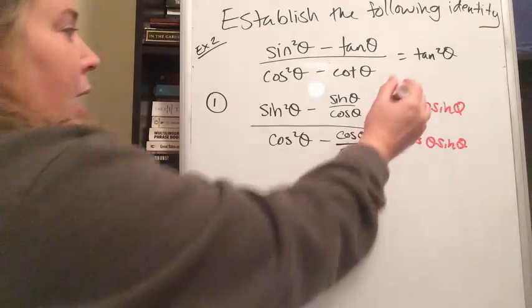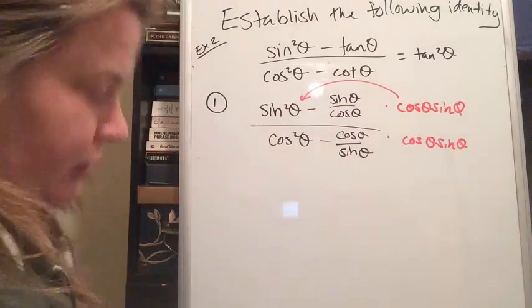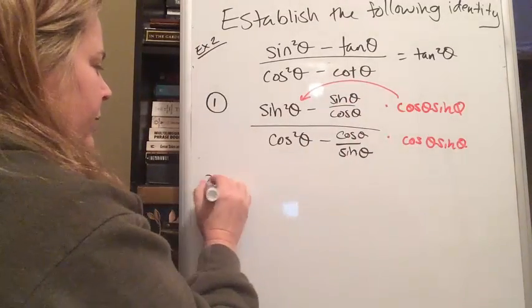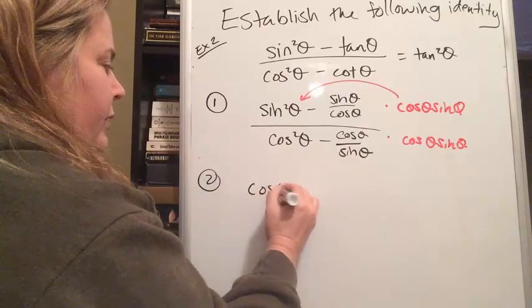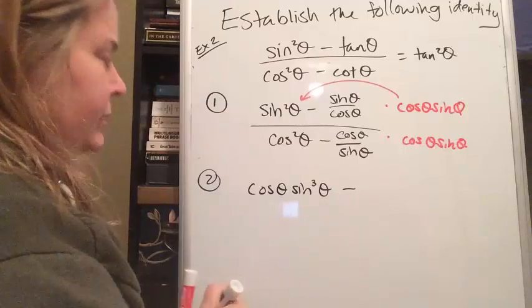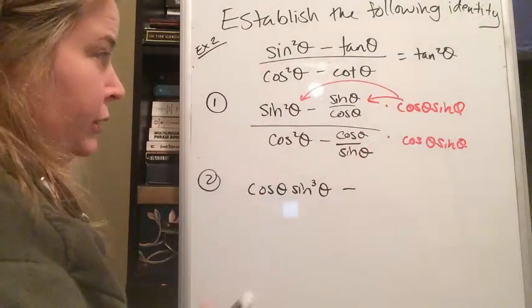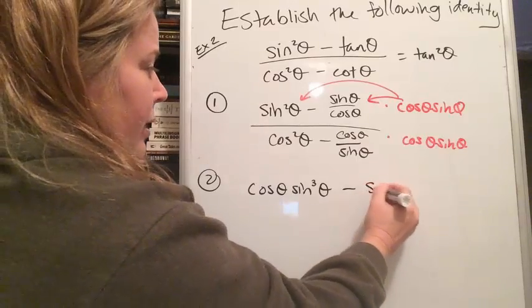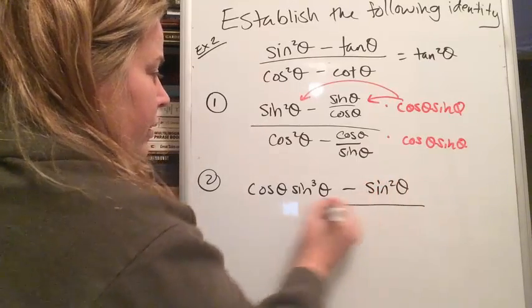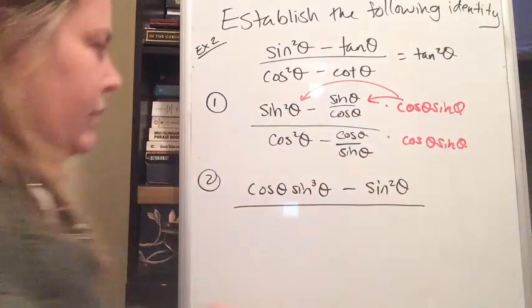Okay, so what's going to happen? When I multiply that with sine squared, that would be cosine theta sine cubed theta minus, and what happens when I multiply it with this fraction? The cosines would drop out, so then that would be sine squared, because the cosines dropped out, and that would be sine times sine.